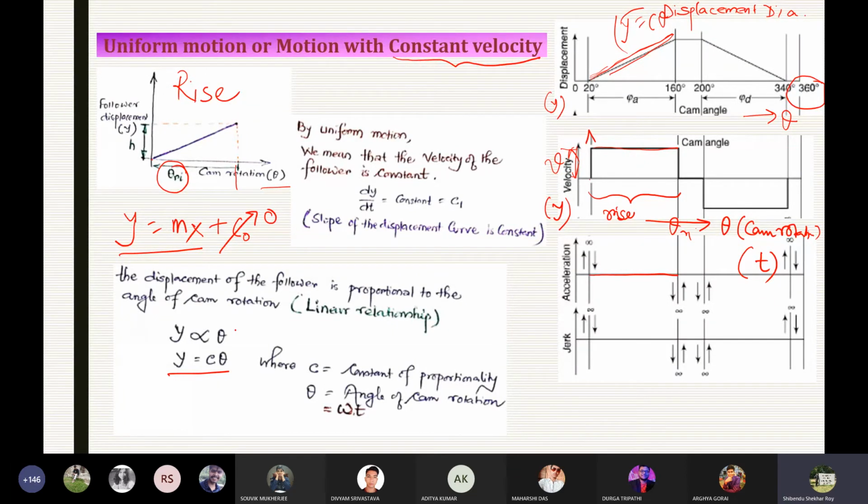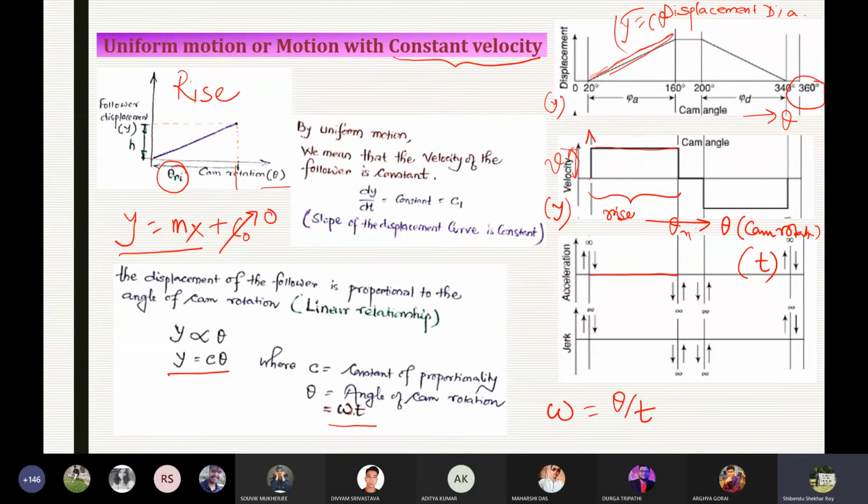What is theta? As your cam is rotating at constant omega, that is constant RPM, theta equals omega t, because omega equals theta by t. Omega is the angular velocity of the cam, and theta is the angle of cam rotation. With constant angular velocity, theta will also be uniform.